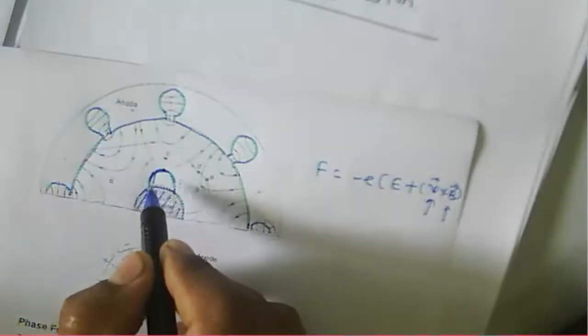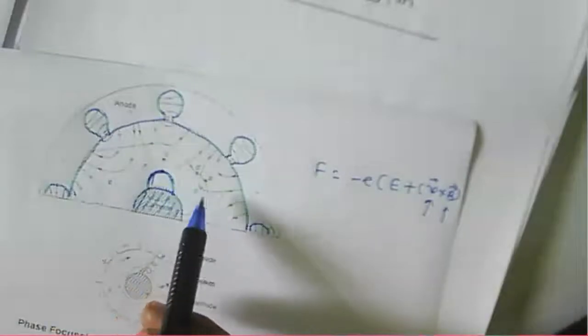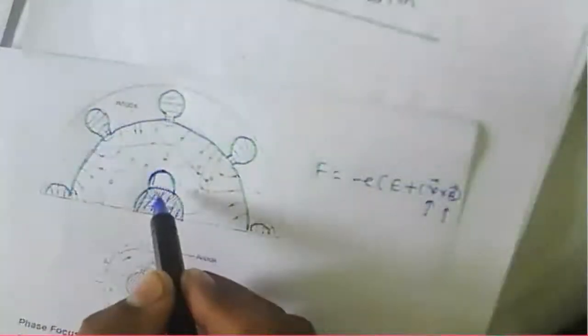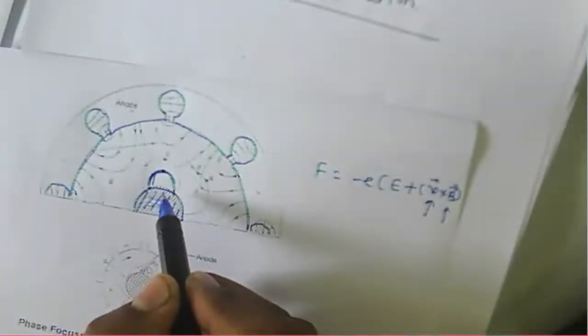If the magnetic field is high, in the absence of an electric field, a cycloidal path will be there and the electron will return back.